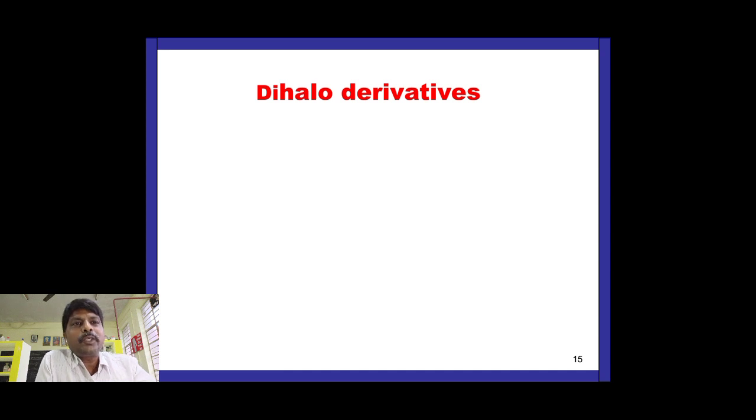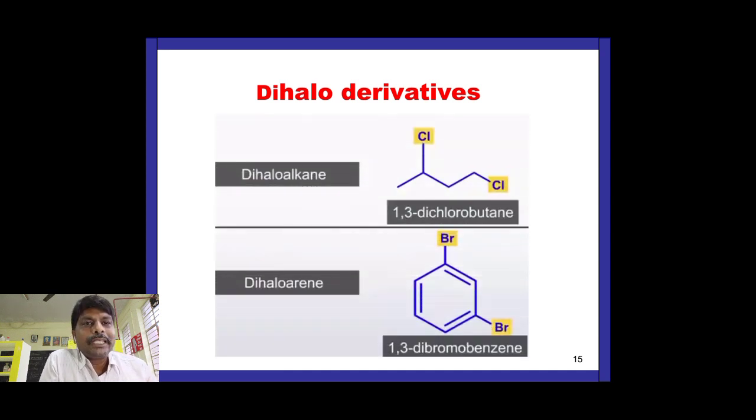So you can see some dihalo derivatives. Di means two. They contain two halogens. You can see a dihaloalkane. Here two chlorine atoms are there. What is the name? You count the carbons in that bond line formula. Other than the 2 Cl, 1, 2, 3, 4 carbons are there.